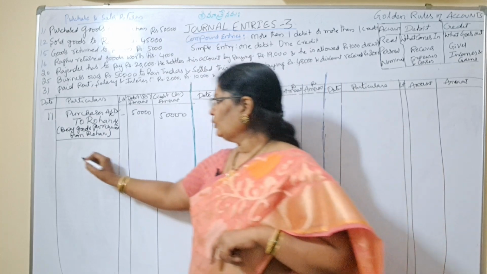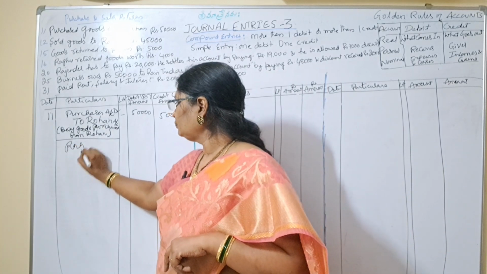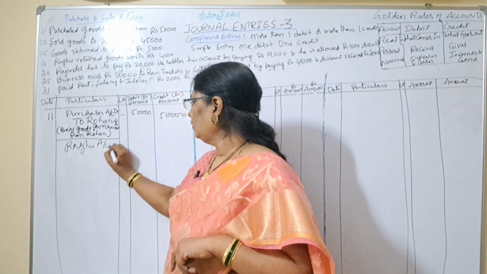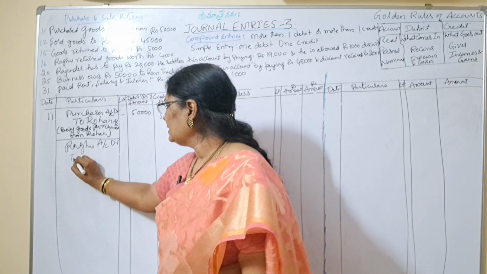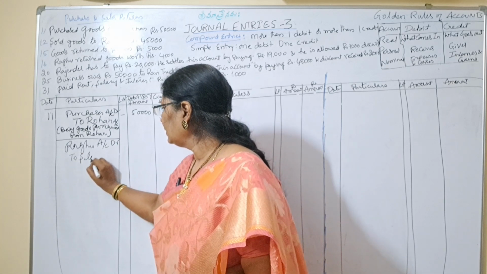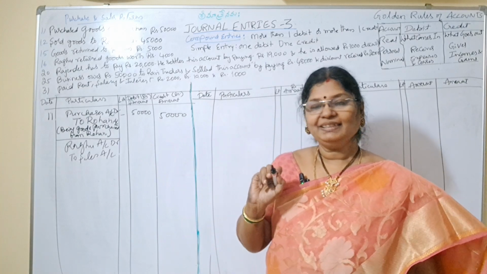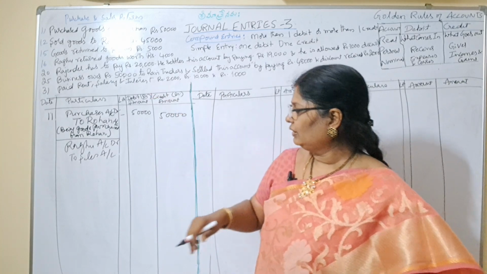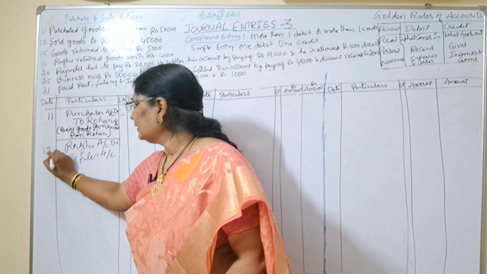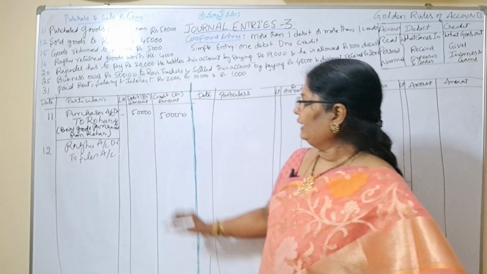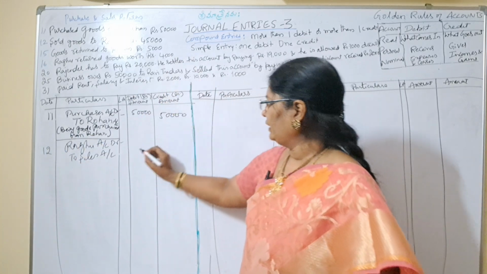What is his name? Raghu. So Raghu account debit to sales account. Is it clear? Next, what is the date when we sold? On 12th, and the amount is 45,000.